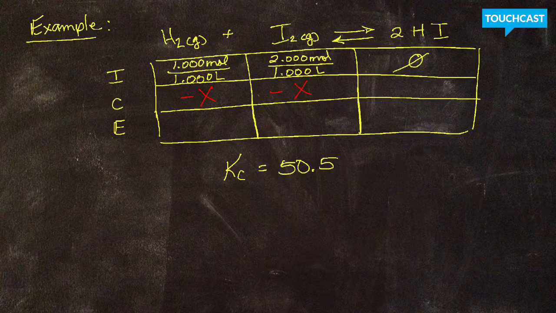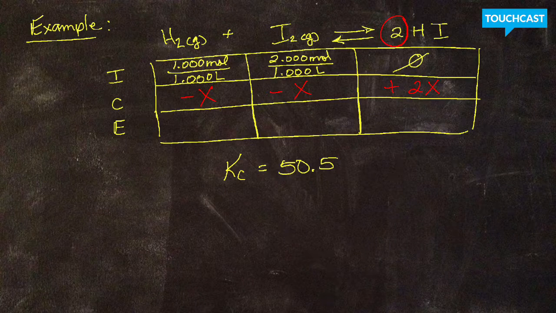It's going to be the same because it's a 1-to-1 ratio. But for hydrogen iodide, your product, you see how there's a coefficient of 2? Well, if we consumed X, we should make 2X. Remember, positive. We should increase by double whatever those other amounts are.